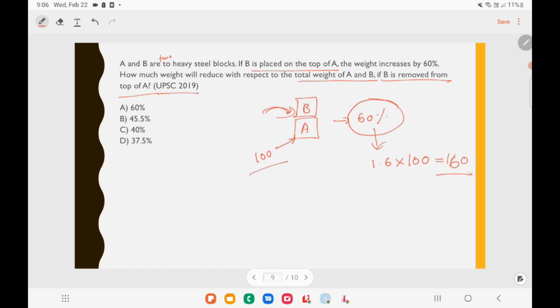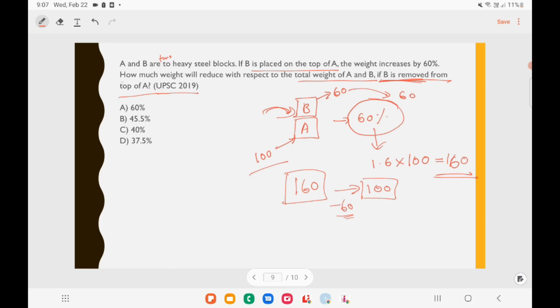Now it became 160. It means that the weight of B is 60. Now the total weight is 160. Now we removed B, which means we removed 60. Now the weight becomes 100, because B is 60, we removed 60, and the weight becomes 100 now.